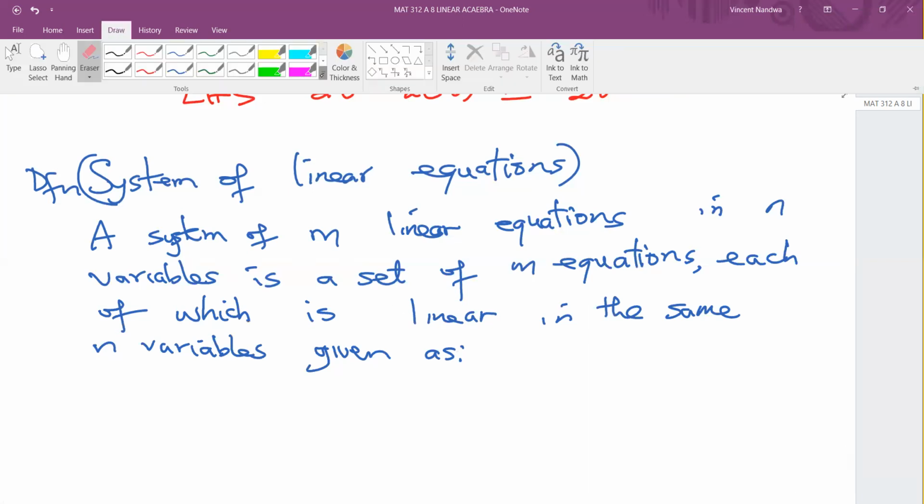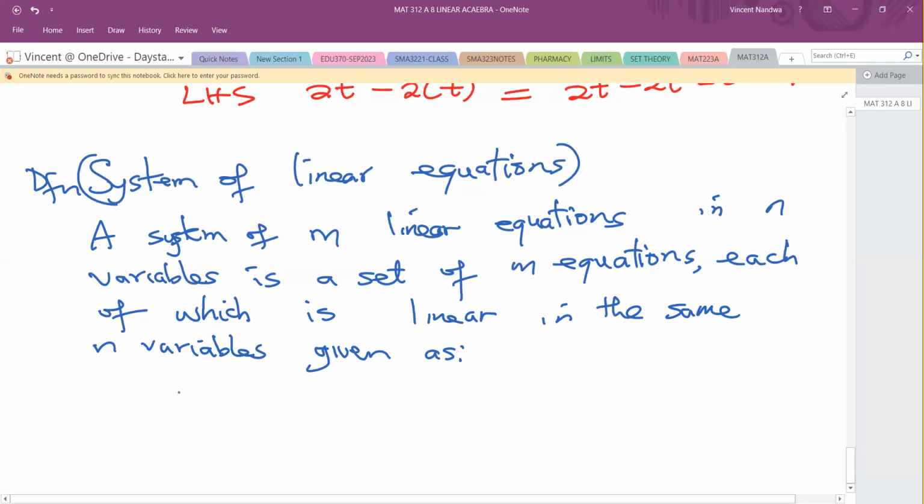So this is what we write: a11 x1 plus a12 x2 plus a13 x3 plus up to a1n xn equals b1.